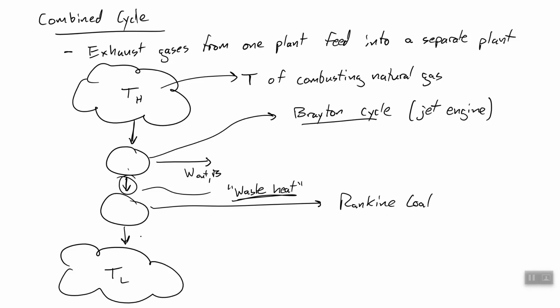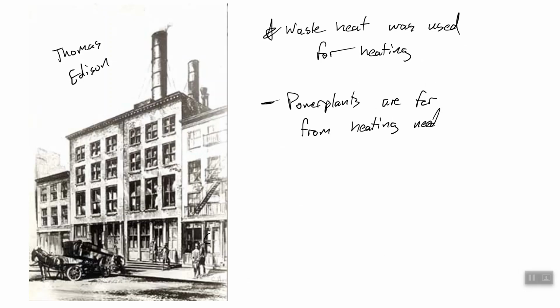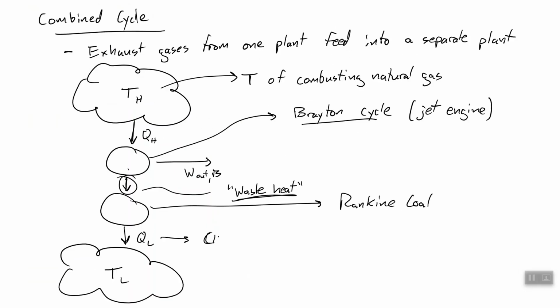And then we now have true exhaust gases leaving the Rankine cycle, and these even could be used for process heating. That's called, I think, a tricycle plant or something like that. Anyway, so you see, by stacking these two power plants together, we actually get much better efficiencies.